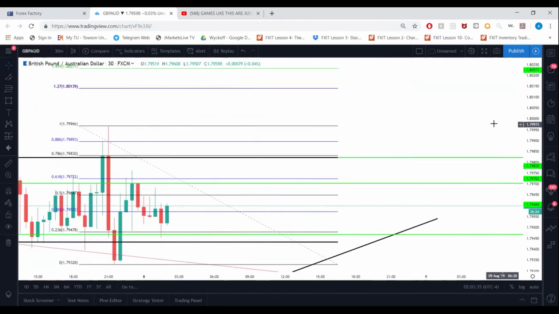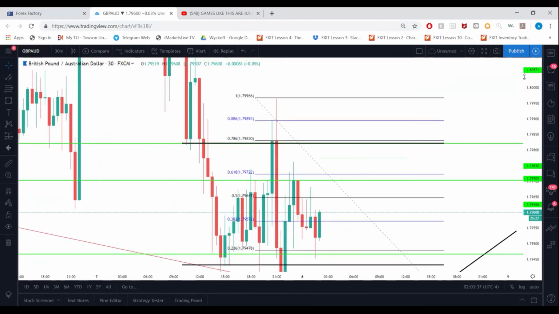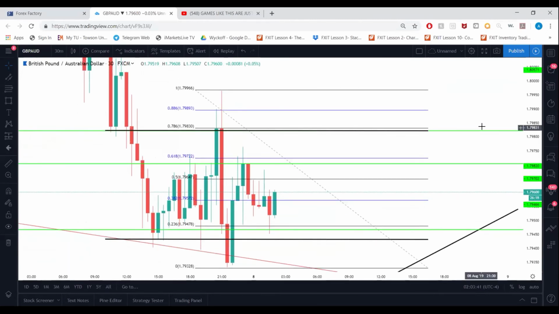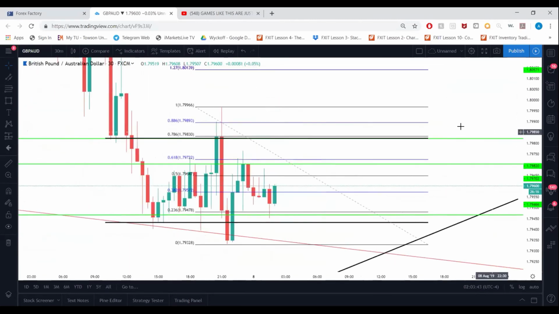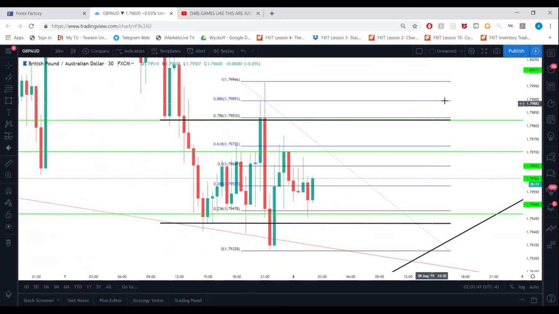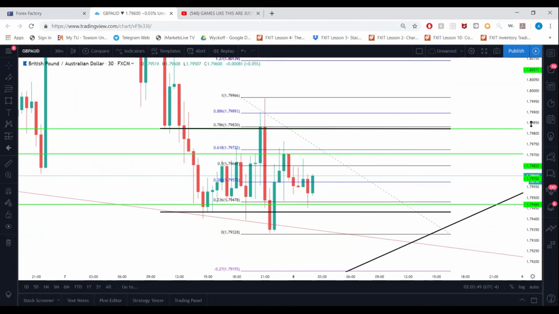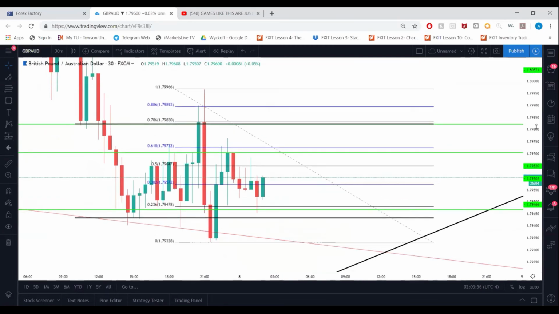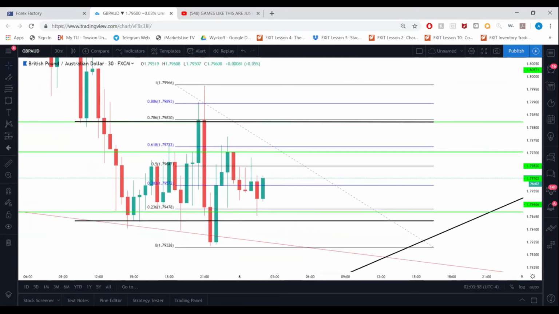So we're trying to find those entries with tight stop loss but great reward, and you can only do that based on fib levels. Otherwise, I know why people start hating it, because they're just not sure how to trade it.